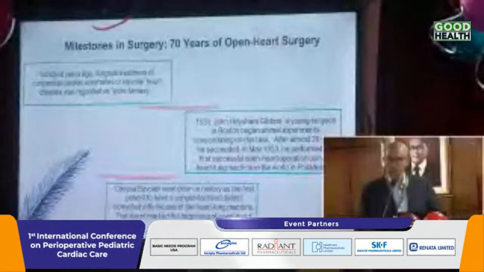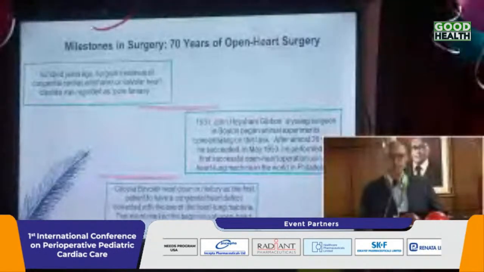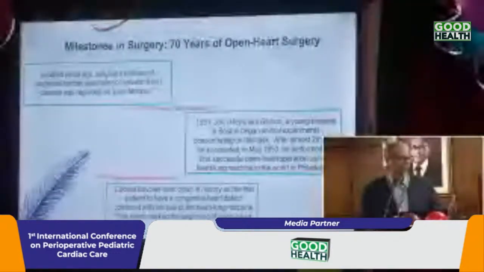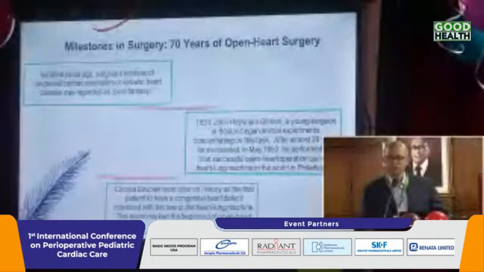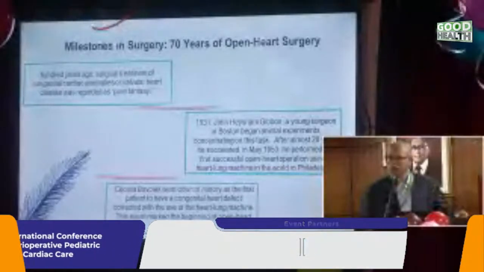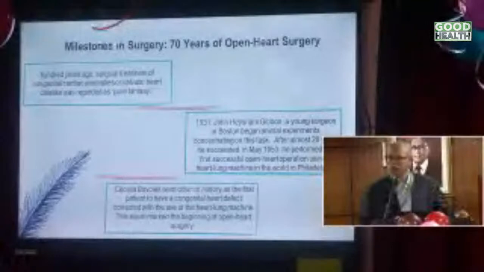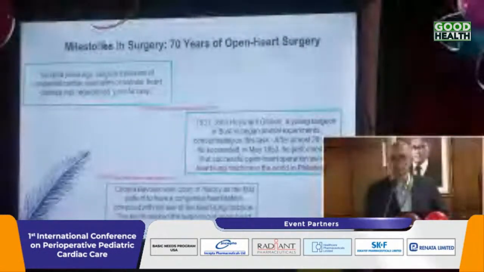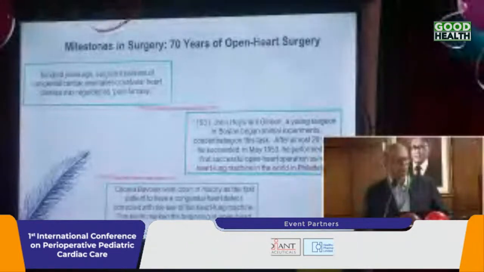But in 1931, Dr. Gibbon started many experiments on animals, and finally, 20 years later, he did a successful closure of ASD with the use of a heart-lung machine. Since then, a lot of advances have taken place. So let's see what's then and what's now.